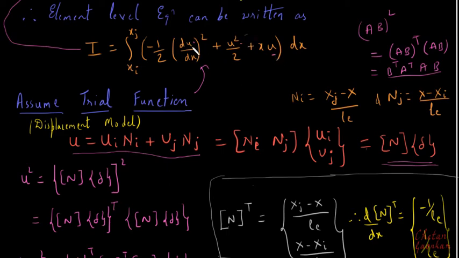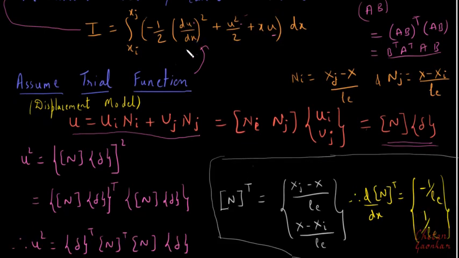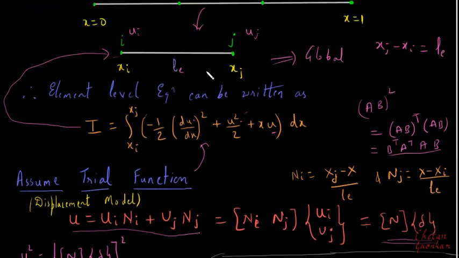Now let us see how to find du by dx. du by dx is the first derivative of u with respect to x, and as we know, ui and uj are the unknown parameters at the nodes, which are independent of x. So the only quantity here which is dependent on x is Ni and Nj, that is the shape functions.